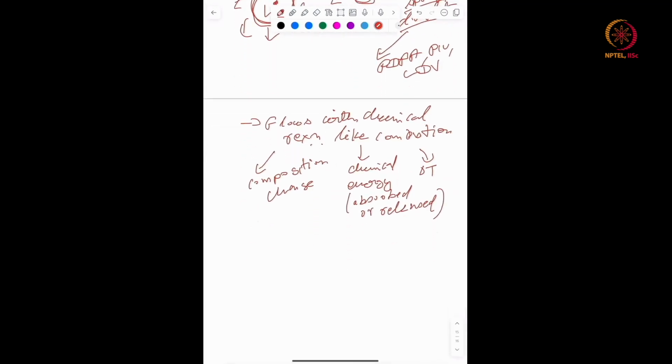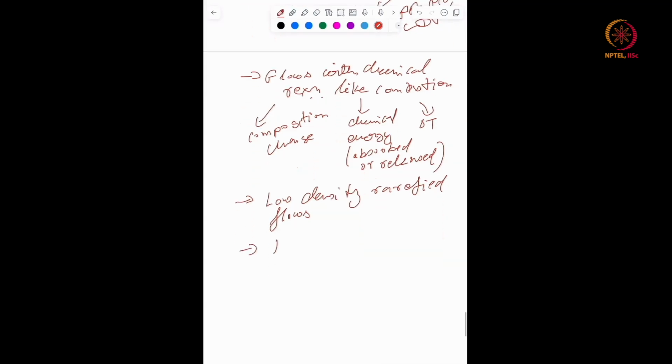Then you can have low density, rarefied flows, where the continuum hypothesis is inappropriate. So you have molecular and atomic phenomena. Then you have non-Newtonian fluids, which are also called complex fluids. We will show some examples with respect to that. Also, this has what we call a nonlinear stress-strain relationship.